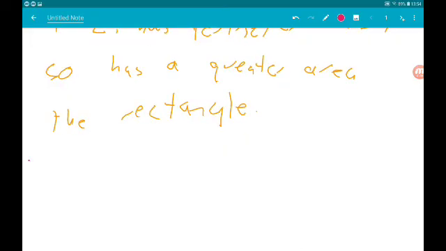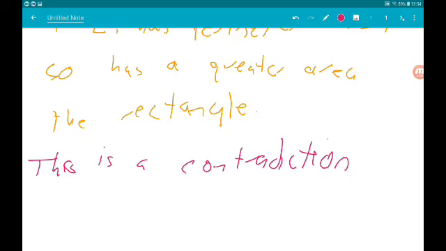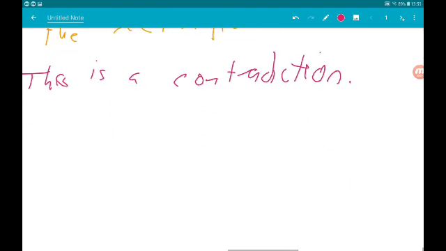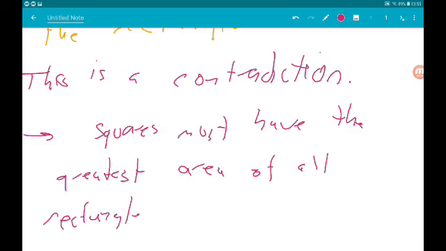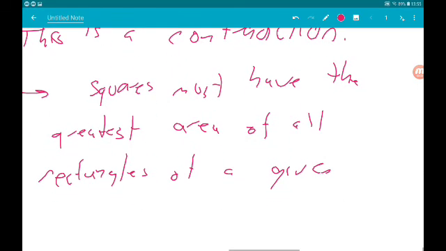So this is a contradiction, which therefore proves that squares must have the greatest area of all rectangles of a given perimeter.